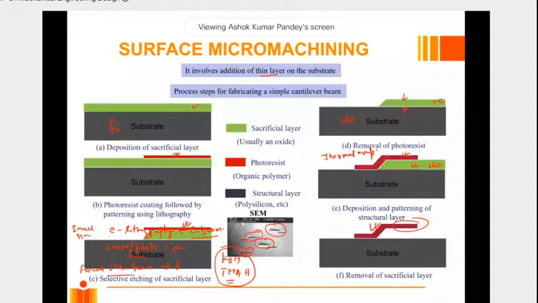When you bring this particular substrate or die out of the oven, your structure will try to come into equilibrium with the surroundings, and because of the inbuilt stresses, it will bend upward. Okay, so that it now comes into equilibrium with the surroundings, but in a different state, right? So these effects are primarily due to the stresses which are developed during the fabrication processes.